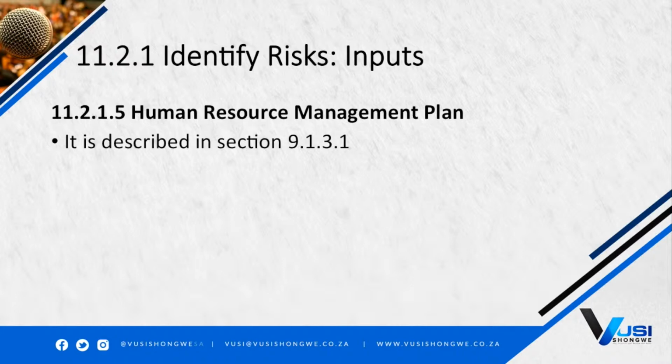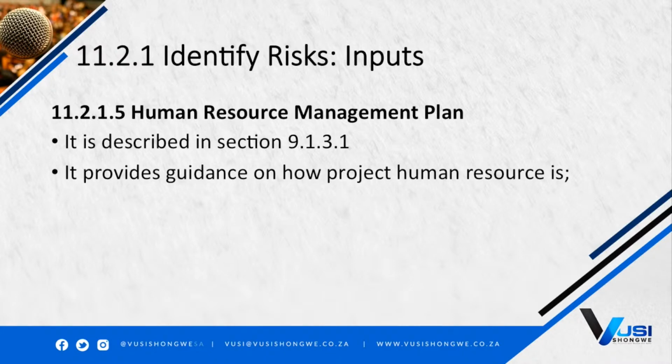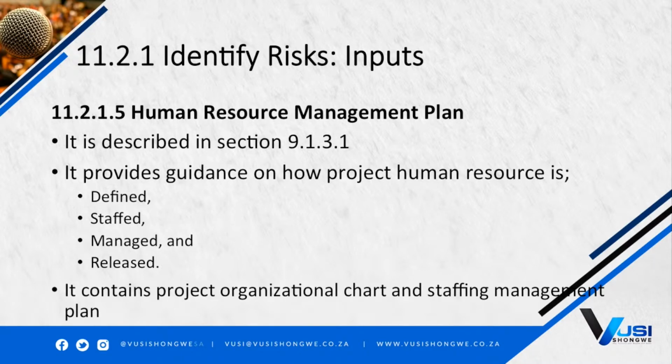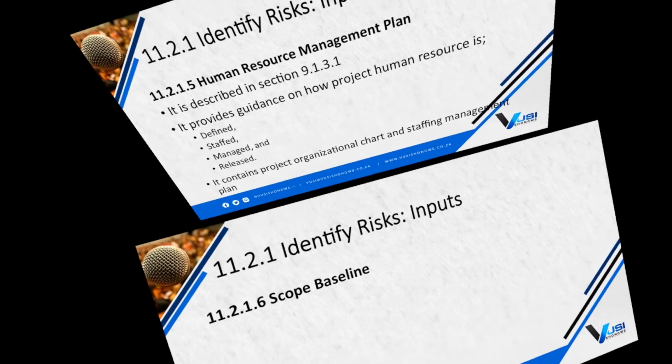It is described in section 9.1. It provides guidance on how project human resources are defined, staffed, managed, and released. It contains the project organizational chart and staffing management plan.